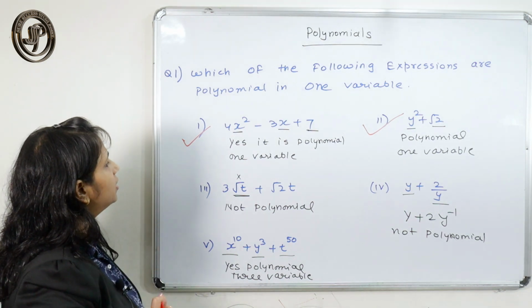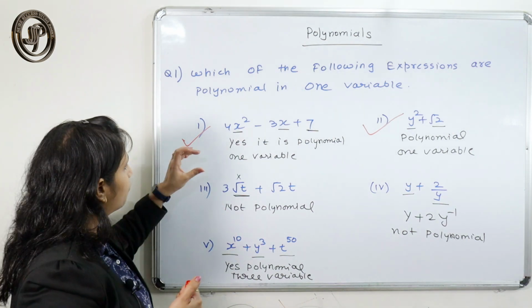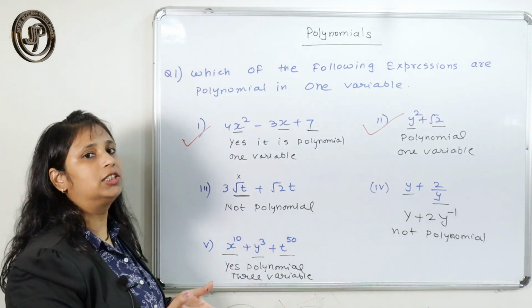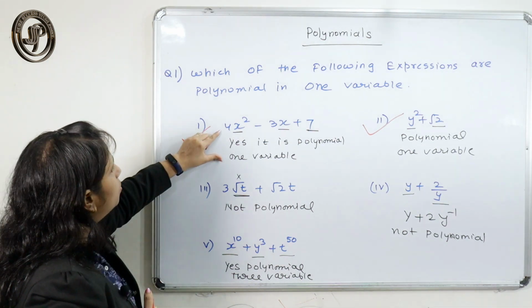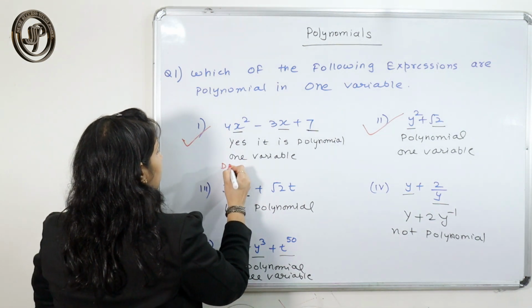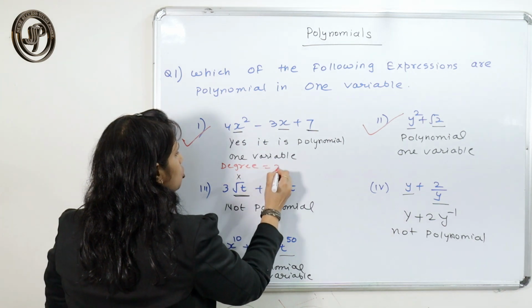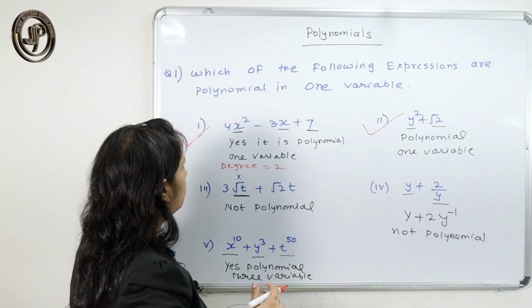So if you are asked to find the degree, or to classify on the basis of degree, then here the degree will be 2, so you will say this is a quadratic polynomial.